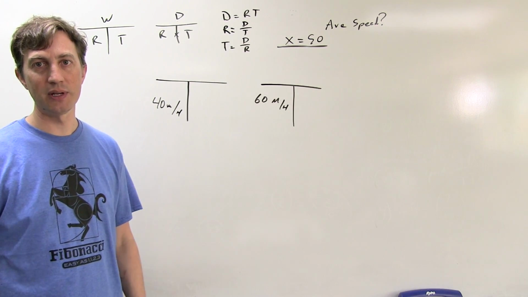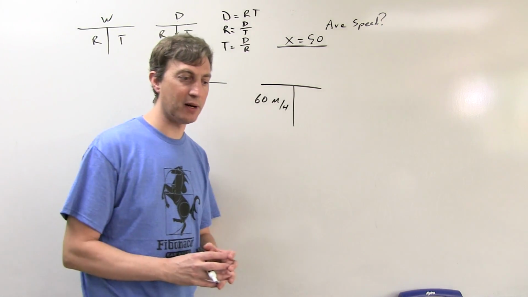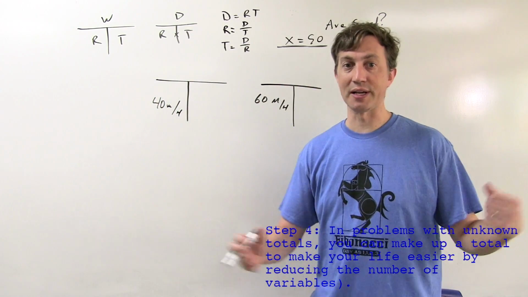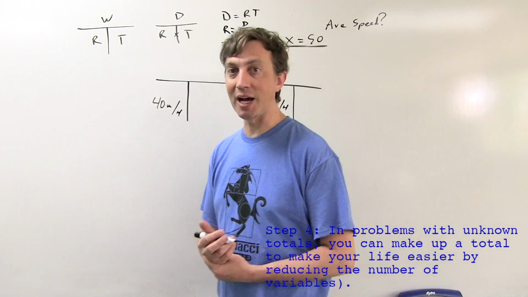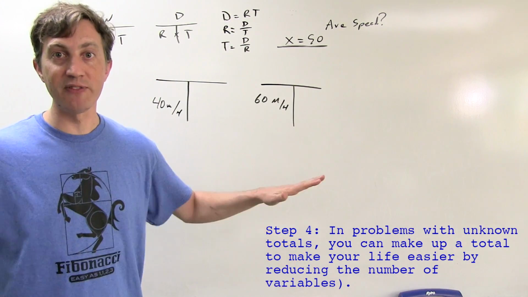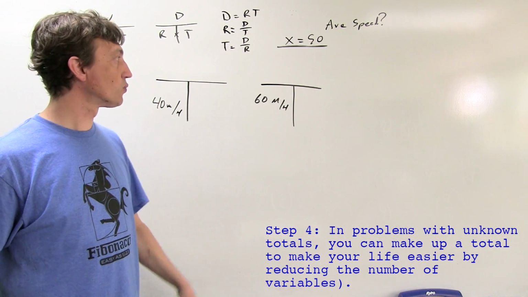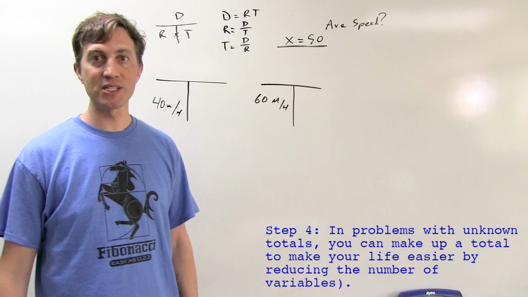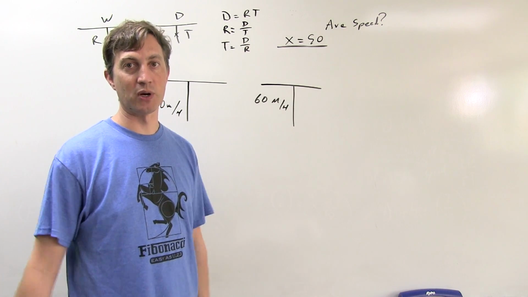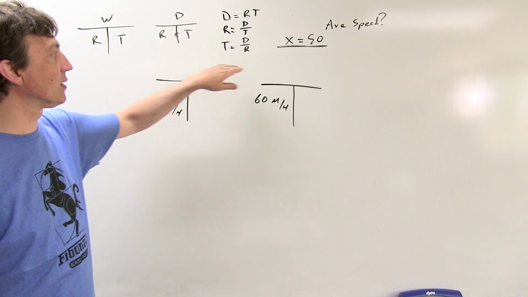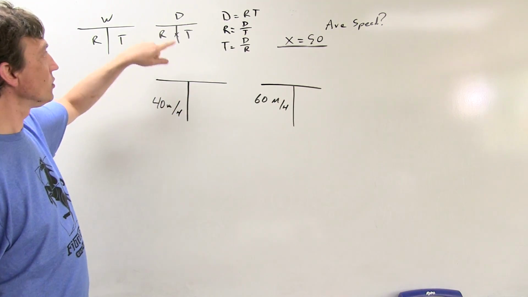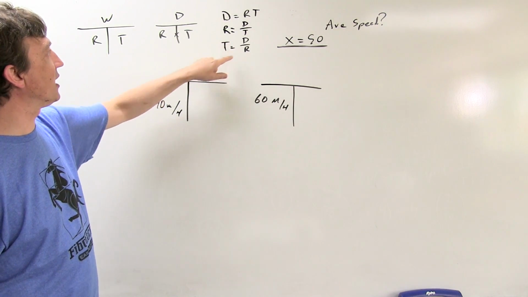I don't want to go down that road either, because I've learned from GMAT problems, when there's an unknown total, like an unknown total distance, we can make up that distance with some simple value just to make our lives easy. So rather than putting a variable in, let's just say, what would be nice numbers to work with? If we're going to put half the trip here and half the trip here, well, I've told you that time equals distance divided by rate.